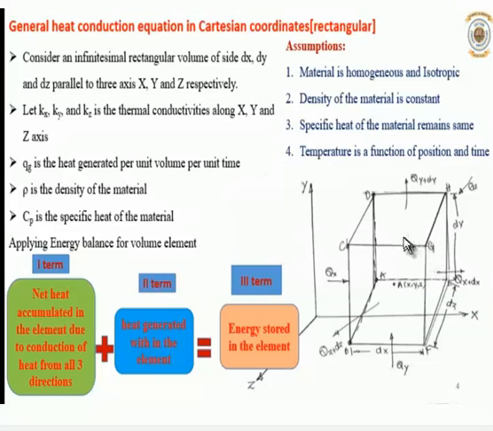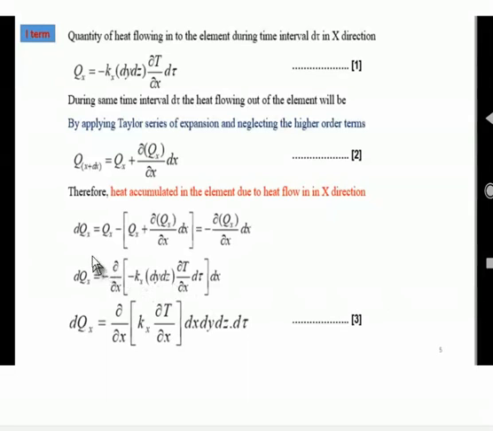That is why we take Qx minus Qx plus dx. So dQx, the net heat accumulated in the x direction, is Qx minus Qx plus dx.